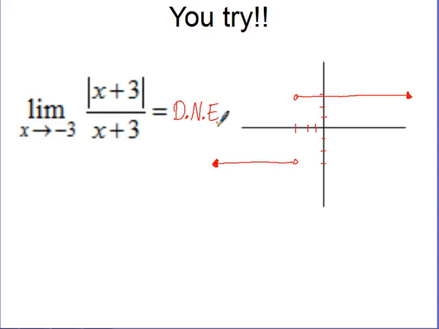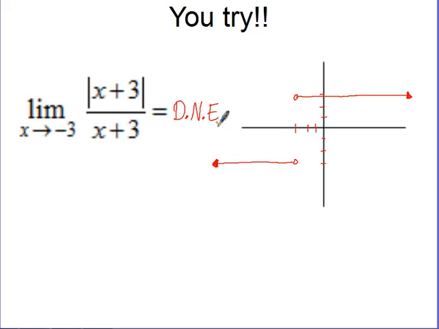Good. Because remember, as you're approaching the x value, it has to be the same as you're approaching it from the left and as you're approaching it from the right. However, on this one, as I'm approaching -3 from the left and as I'm approaching -3 from the right, look what happens. They're nowhere near each other, right? If the limit existed, my fingers should somehow meet.